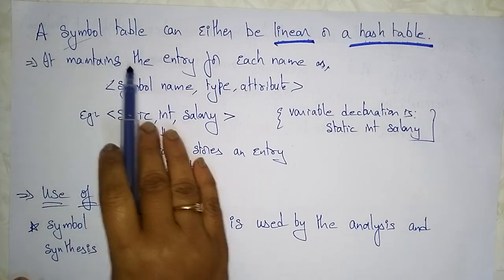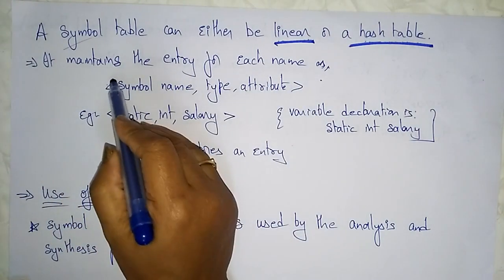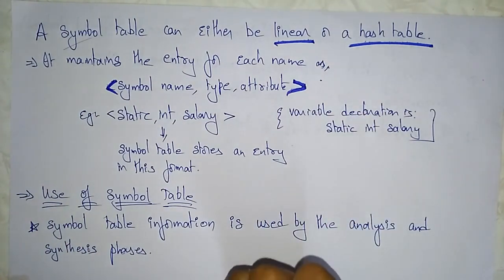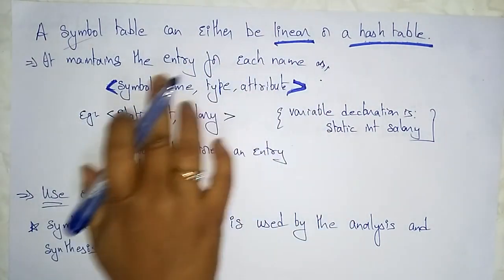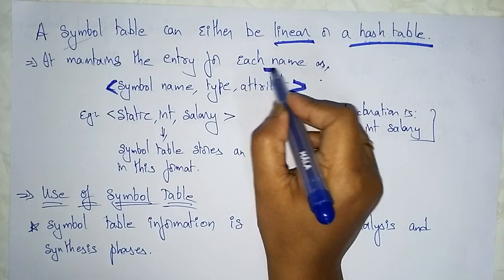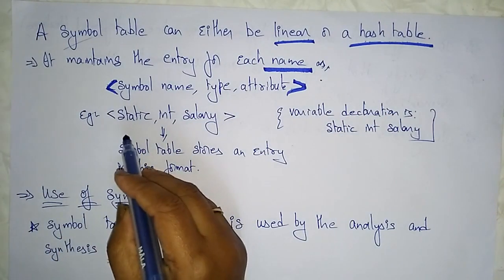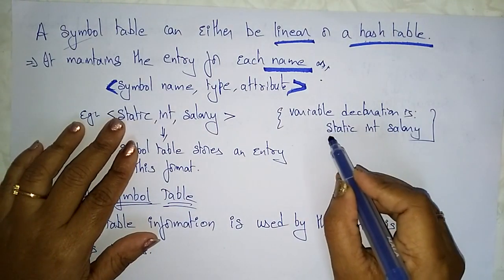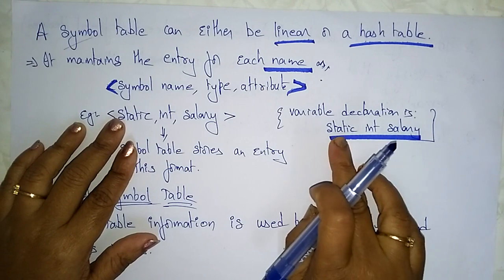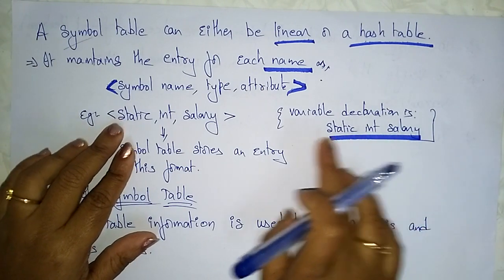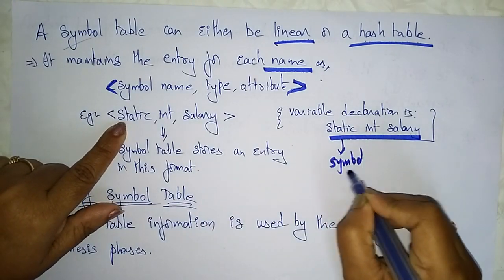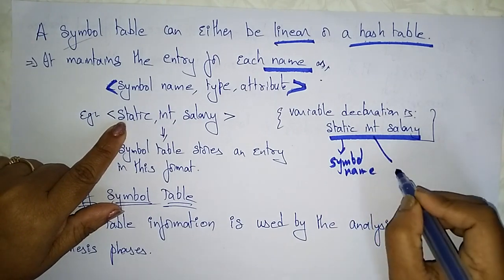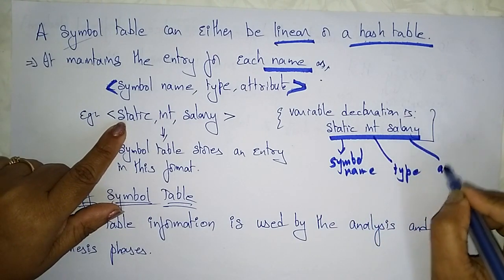The symbol table maintains an entry for each name like this. How is each variable name entered in the symbol table? The format is symbol name, type, attribute. In this way it will store the information about the name. Let's take a variable declared as static int salary. Static is the symbol name, int is the data type, and salary is the attribute.